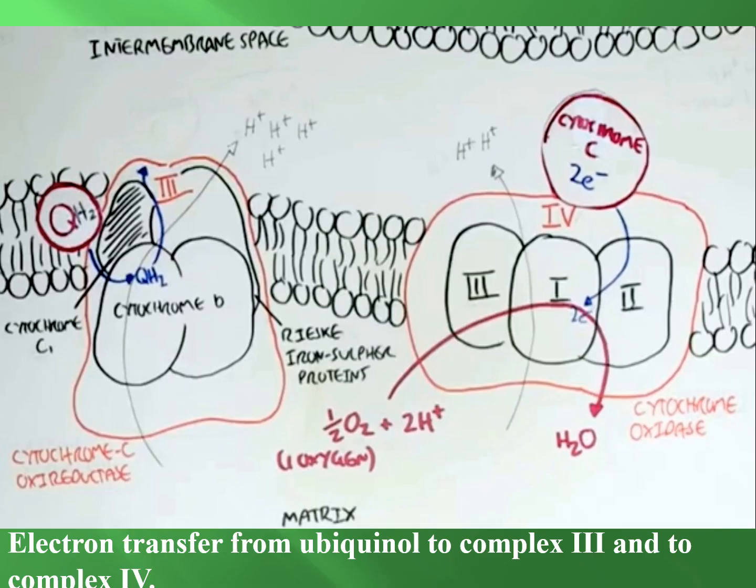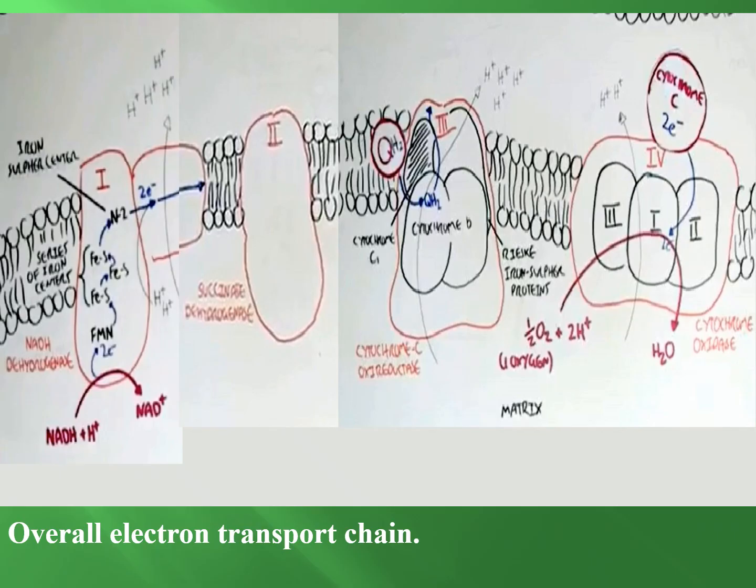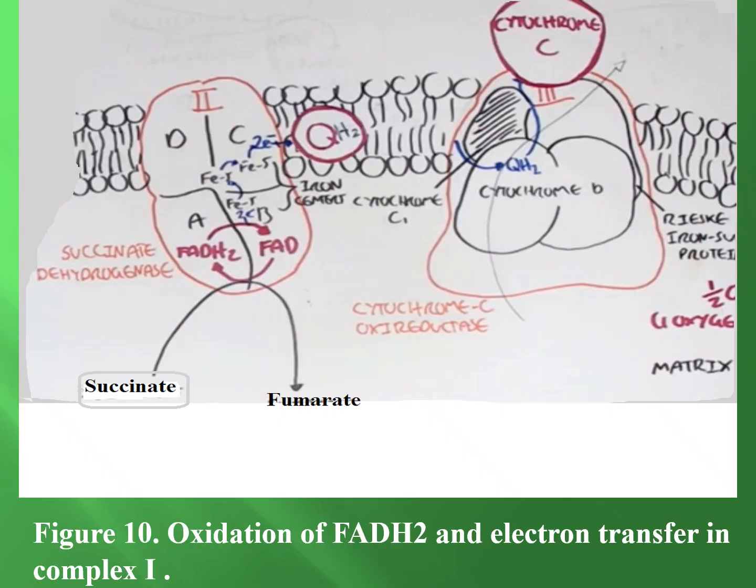Now this electron is taken up by cytochrome C, and this cytochrome C again brings the electron to complex 4, and the final electron acceptor is our oxygen, which ultimately forms H2O, and then also two H ions are being transported from the matrix of the mitochondria to the inner membrane space. This is the overall view of the transport of electrons and oxidation of the NADH molecule.